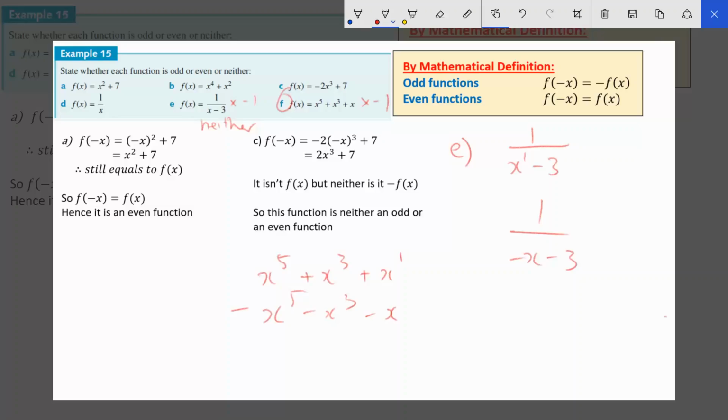Because if it does, it's odd. If it doesn't, it's neither. Because this clearly does not look like the original function. My question is, is it the negative of the original function? And it happens to be. So -1 times this gives you that. -1 times x cubed gives you negative x cubed. And -1 times x does give you negative x. So this is clearly odd.